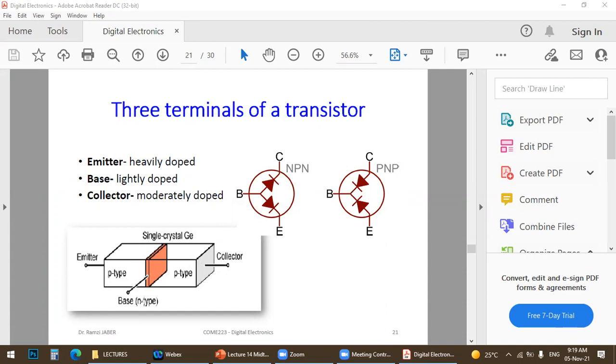If we put a heavy n-type on the base, then there is no transistor, okay? So that's why the base must be lightly doped, to let the current pass from collector to emitter, from p-type to p-type, okay?